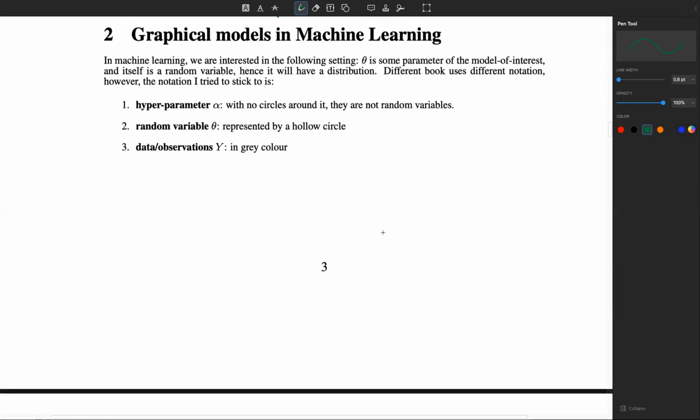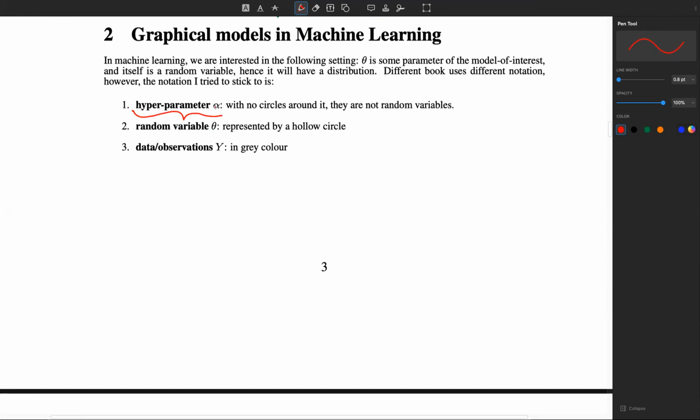So again, there are many different people using different notation to actually draw your graphic models. I like to stick with my own way of writing it. So unfortunately, you probably have to stick with the way that I design it, right? Which is still common, by the way. There's no standard for how you can actually write a graphic model properly. So the way I write it is when you see a hyperparameter, you don't actually draw a circle around it.